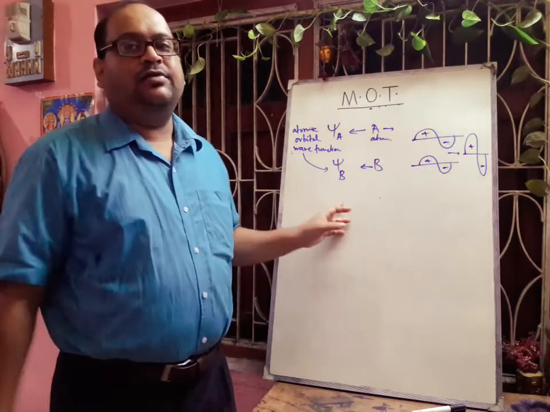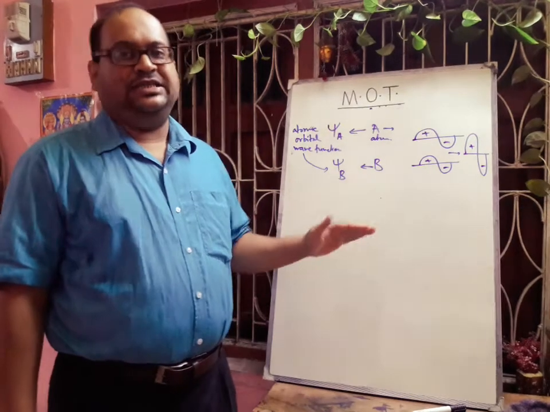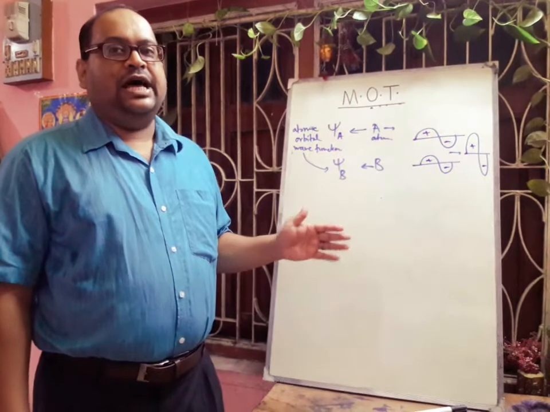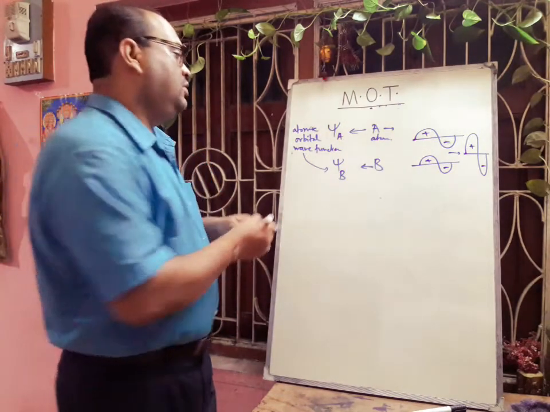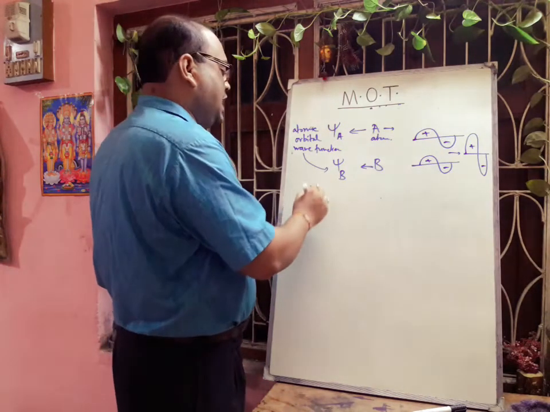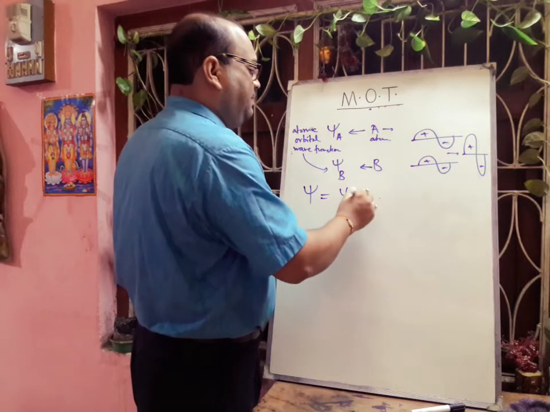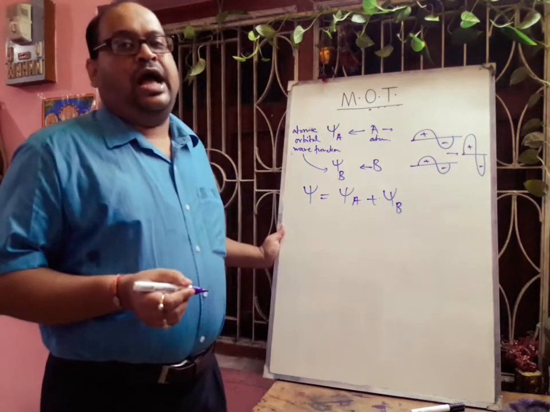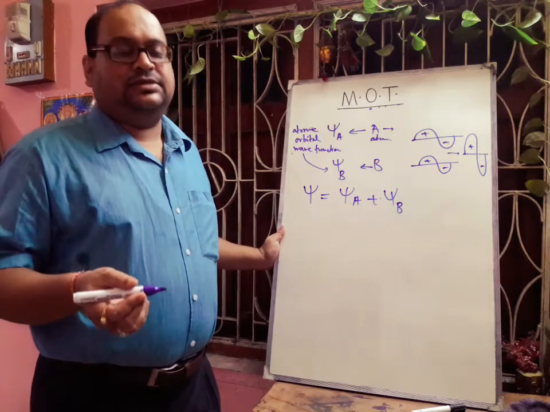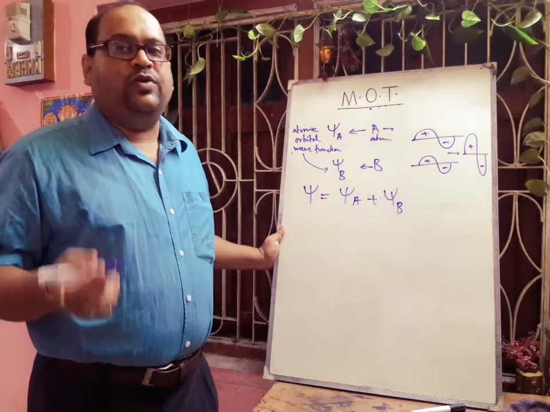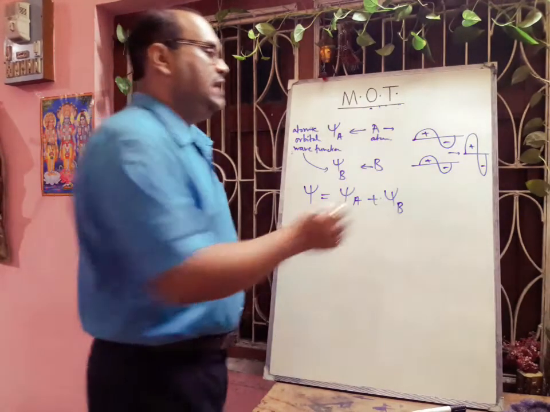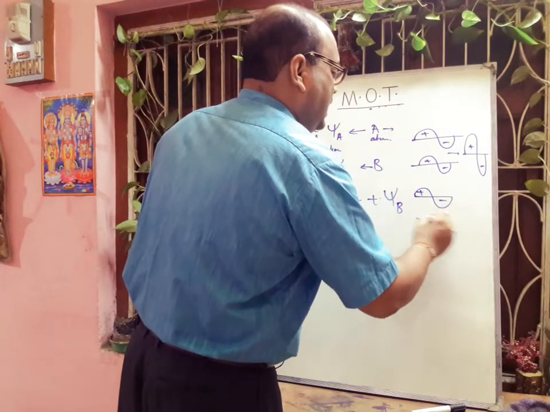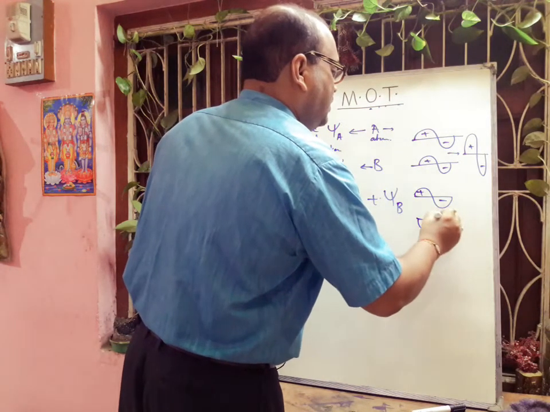So case 1, when the two waves are in phase and combine with each other, then the amplitude of the new wave is psi equals psi A plus psi B. Another case may arise, when the two waves are out of phase. That means one is plus minus and another is minus plus.